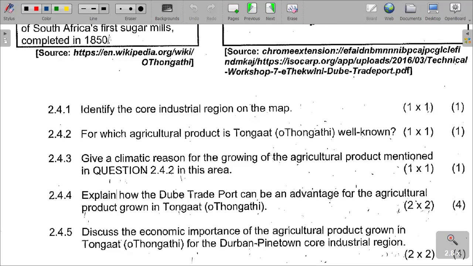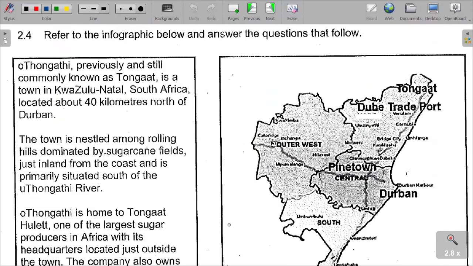If you look at this, we talked about industrial regions. Look also on the channel, there is a video that identifies South Africa's economic development regions and so forth. We talk about industrial development regions.